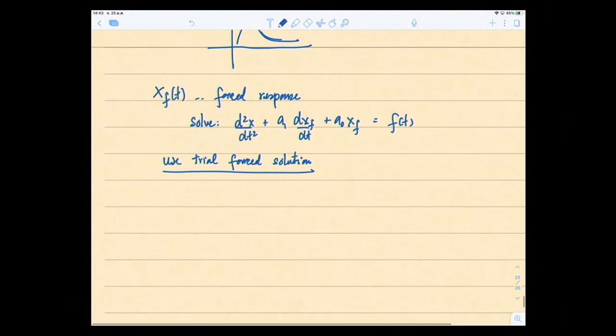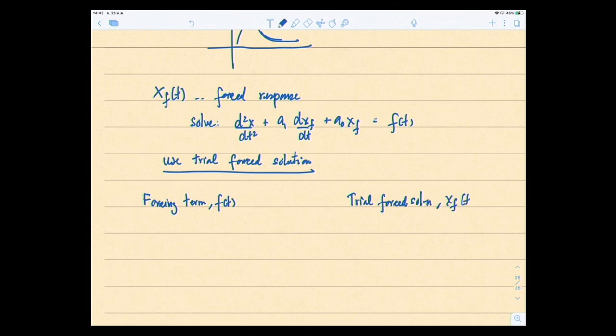There are tables depending on your f of t, your forcing term, and we choose what our solution will look like.